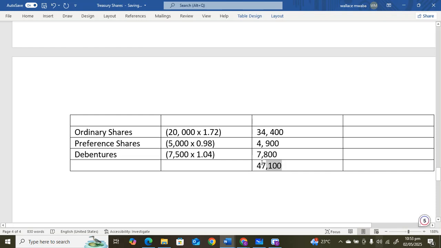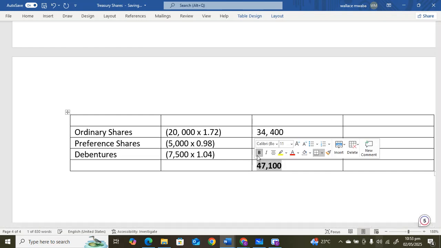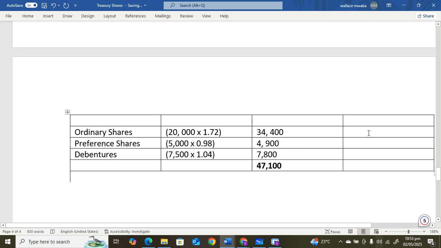Let's see if we've understood. So, colleagues, what's the weightage for ordinary shares? Okay.